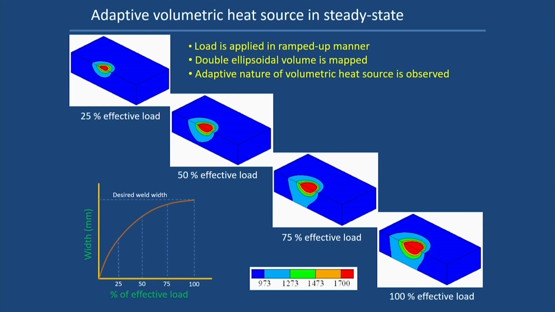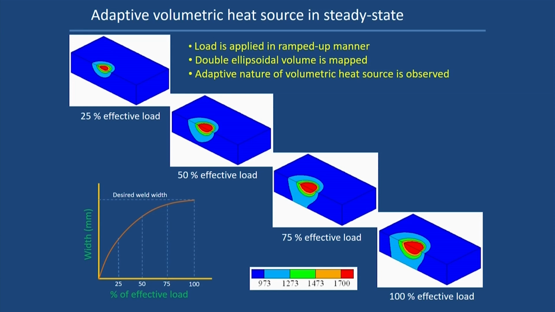Here you can see in the first figure we apply 25% of the effective load. That means, suppose our total power in the steady state welding process is 1 kilowatt. Therefore, after application of 250 watt power, this is the typical size of the weld pool.